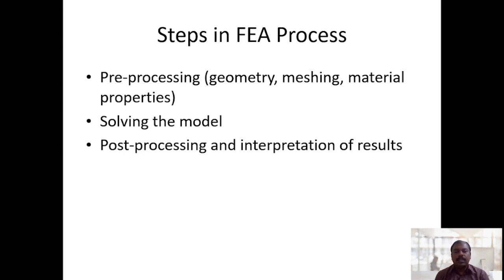So this is the discretization process, meshing, and material properties are defined in the pre-processing of FEA. Then the model is solved for the exact results. It uses the force and stiffness element method. So the force method is used for solving the model. After solving the model, post-processing and interpretation of the results are done.